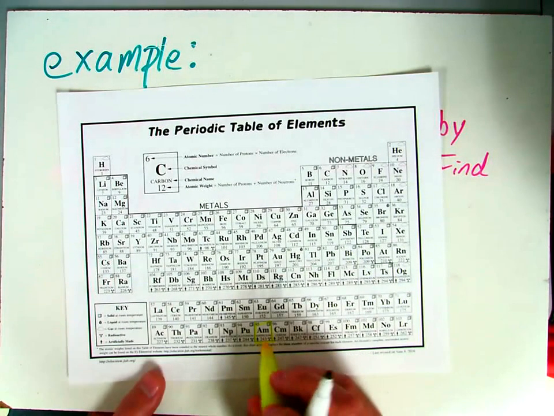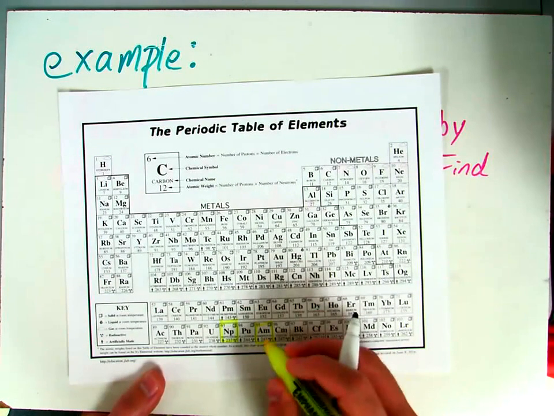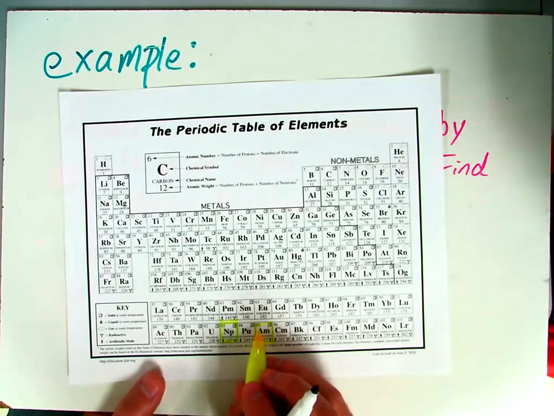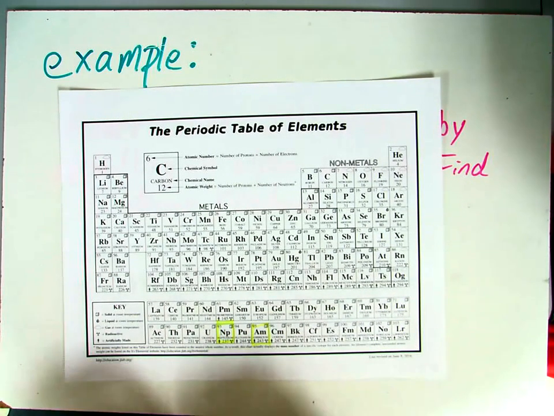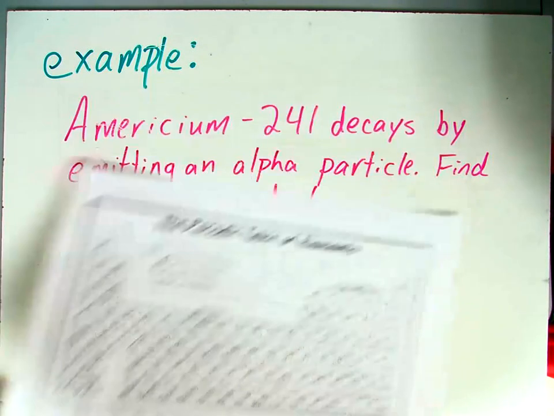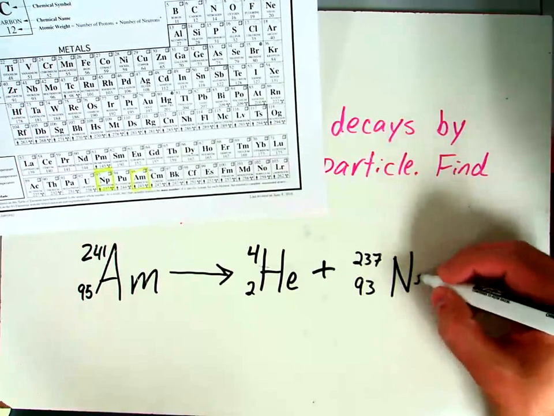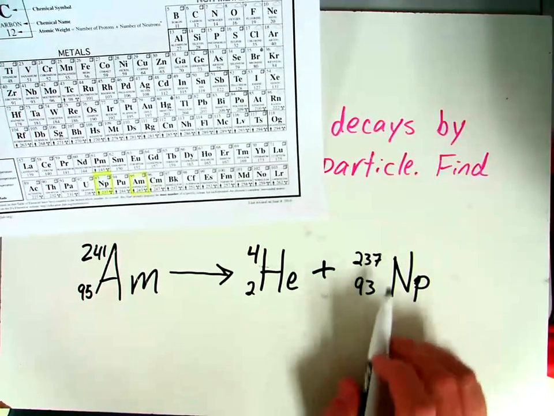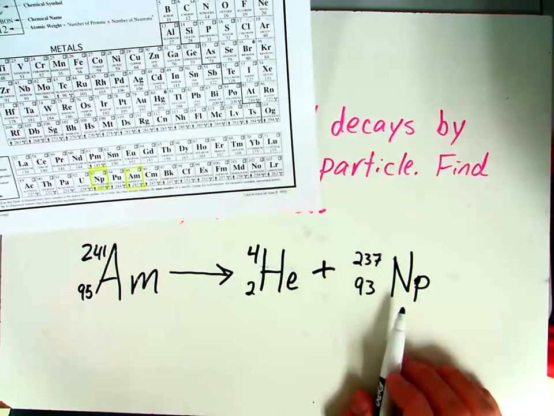So we were here at americium, we're going to end up here, 2 to the left, or an atomic number down 2, and that's going to be neptunium. So neptunium is Np. So our products then would be 237 Np.